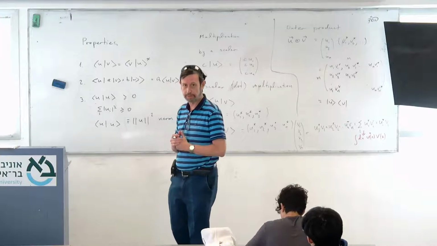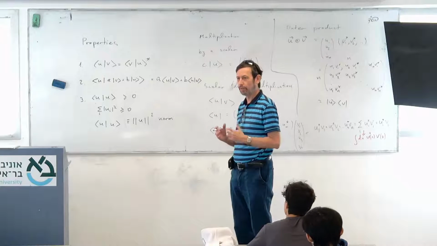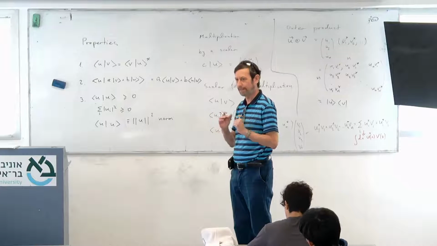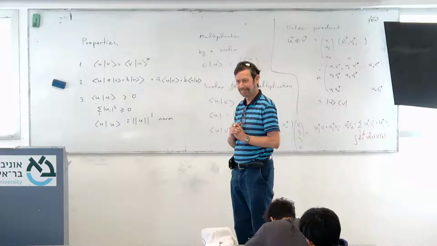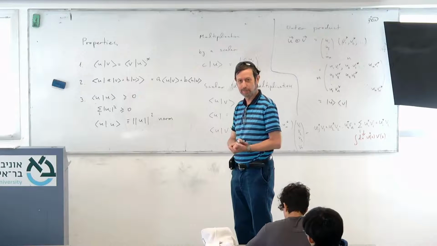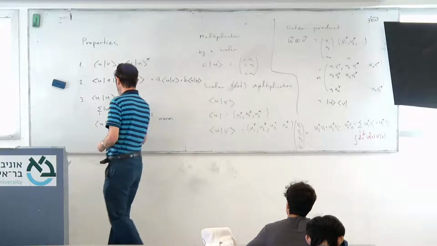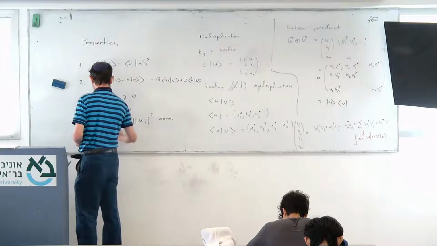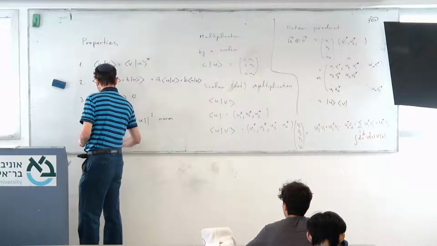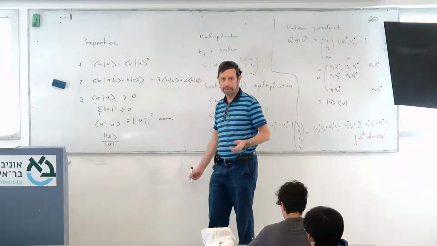That's probability. And now you have also learned how to normalize a vector, something that everyone who's doing quantum mechanics is doing all the time. This is a normalized vector.